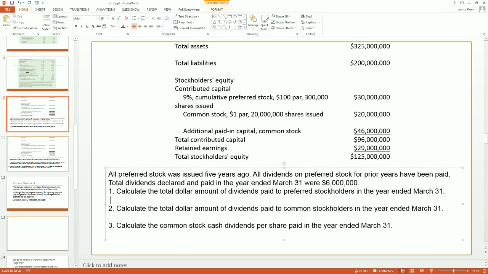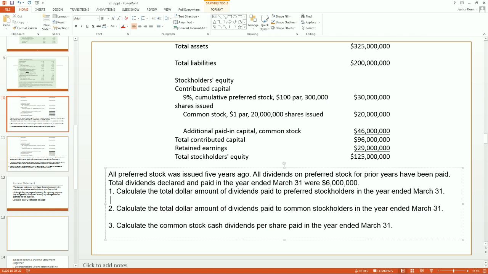To do that, we need to know how much they're supposed to receive in dividends and how many shares of stock there are. So this company, it's a 9% cumulative preferred stock, $100 par, and there are 300,000 shares issued.